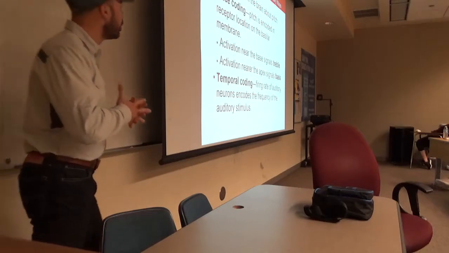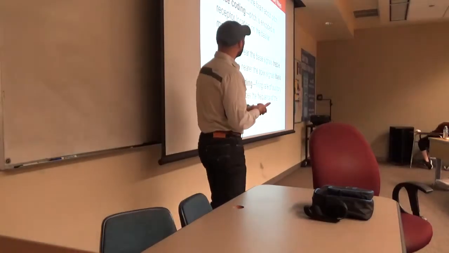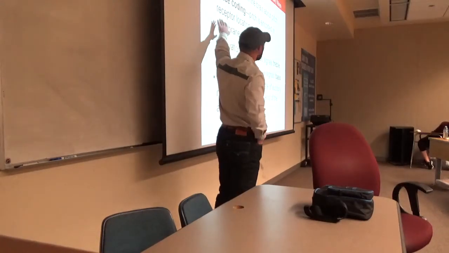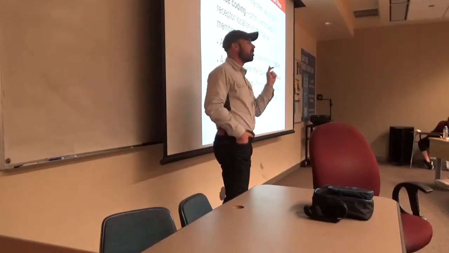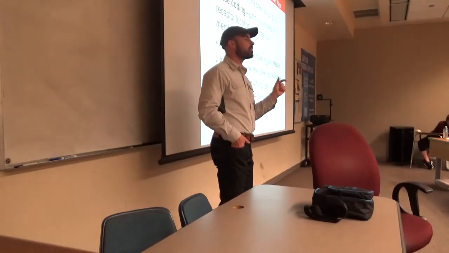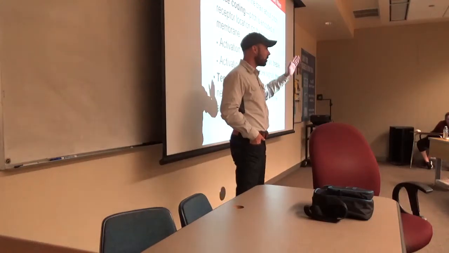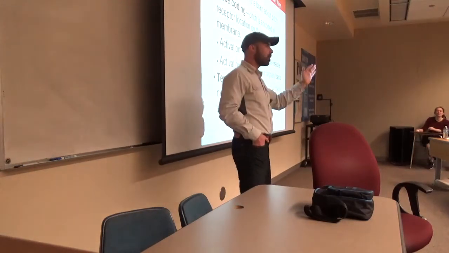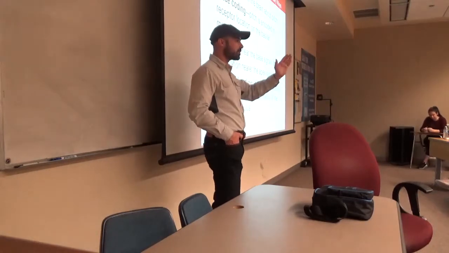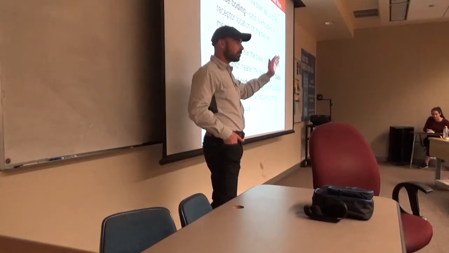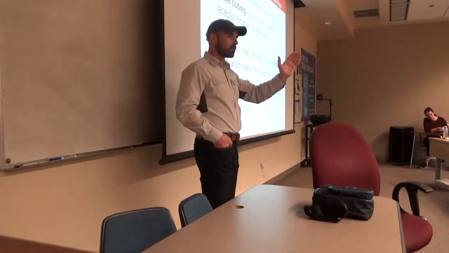When we have place coding, that's referring to information being encoded in the place where it's detected. Remember we had those different tuning curves in the basilar membrane and the cochlea? Different spots along it. Somewhere along there is Meghan Trainor's house.